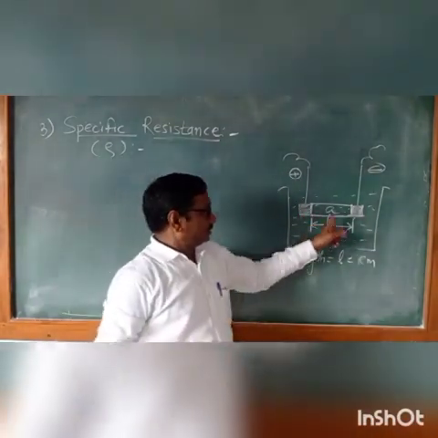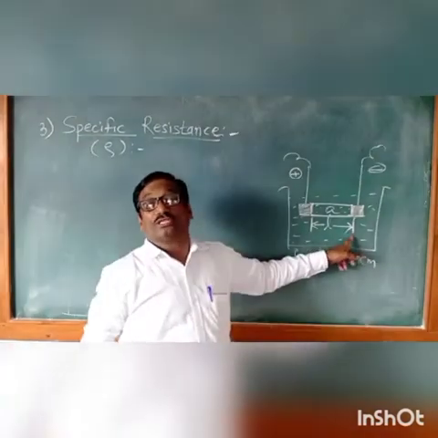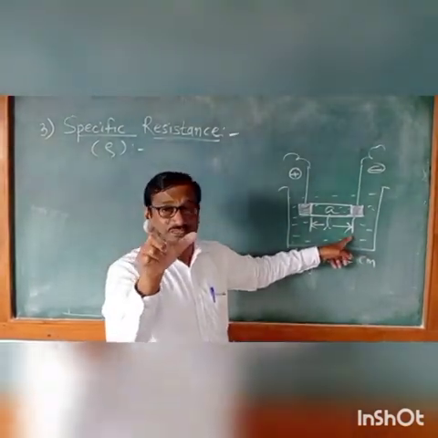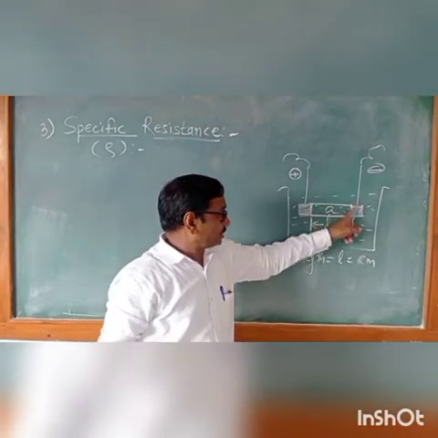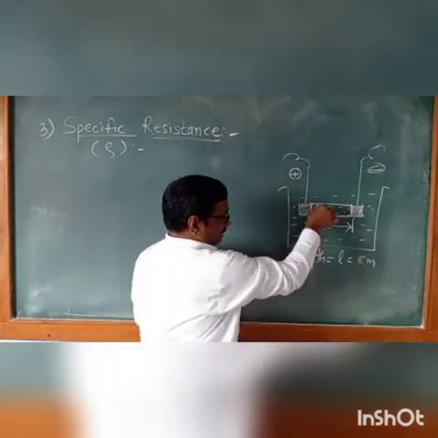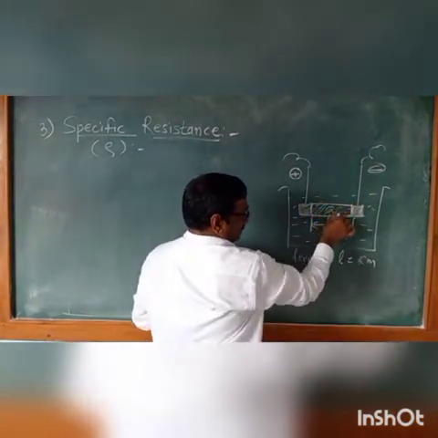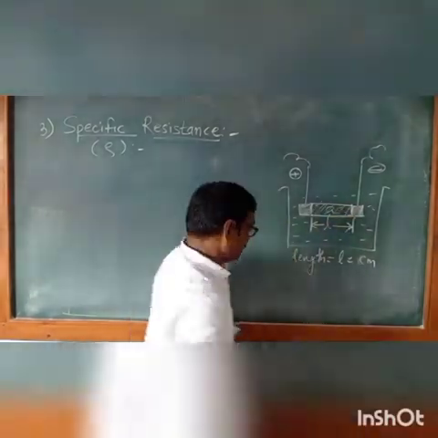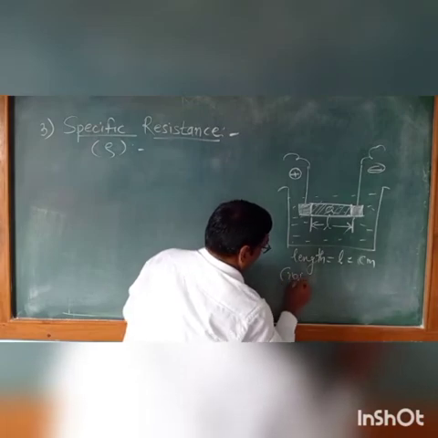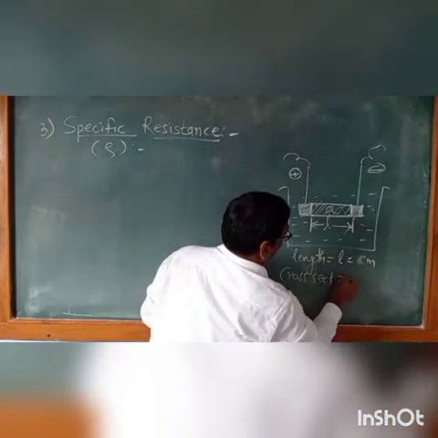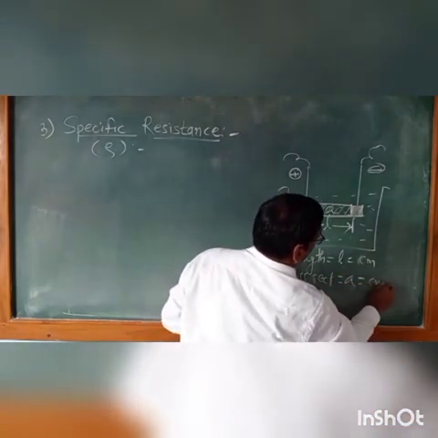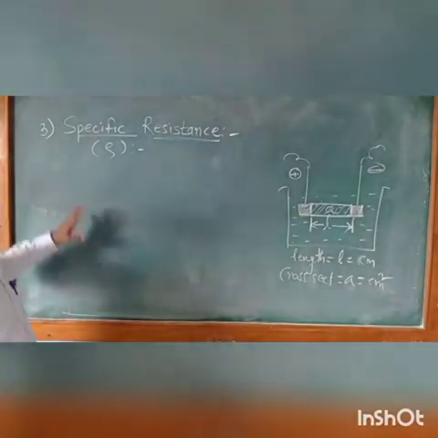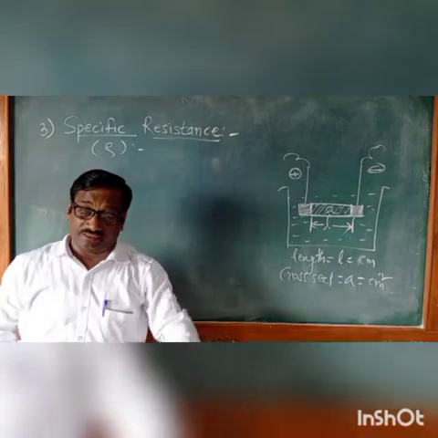Now the distance between these two electrodes is L, meaning the length of the conductor is L. This is the cross-sectional area of the conductor, A, measured in centimeter square. Now what is meant by specific resistance?